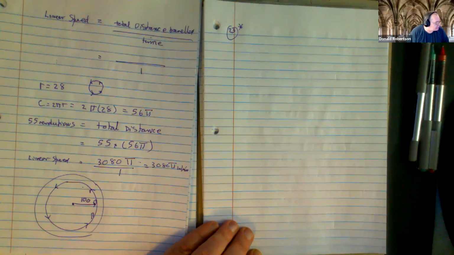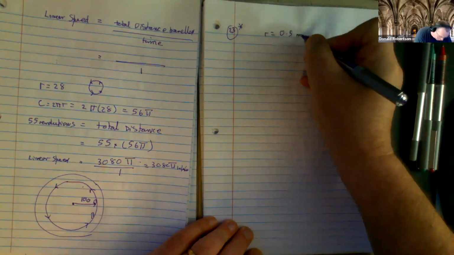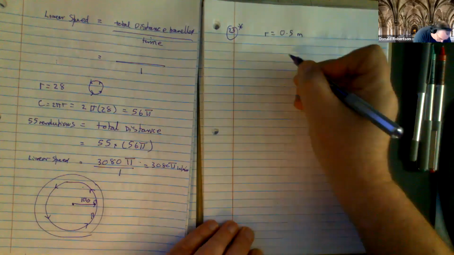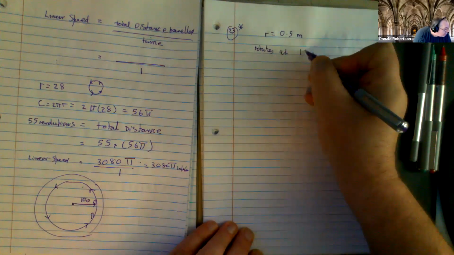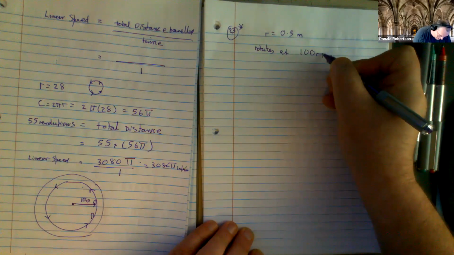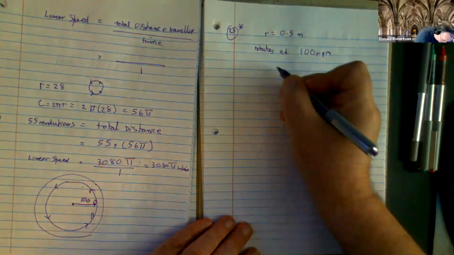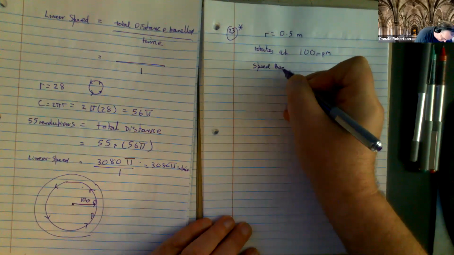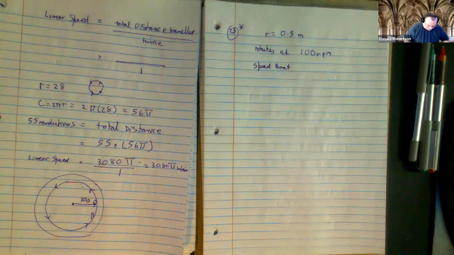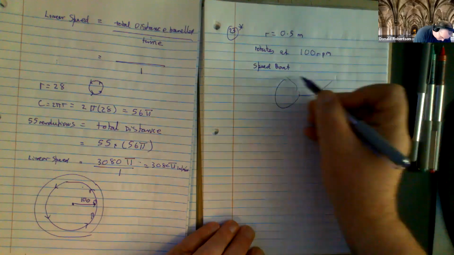As I read through it, what they're telling me is that the radius is quite a small one, 0.5 meter, and it rotates at 100 revs per minute. And they want you to find the speed of the boat. So if you imagine the boats, they look like that.